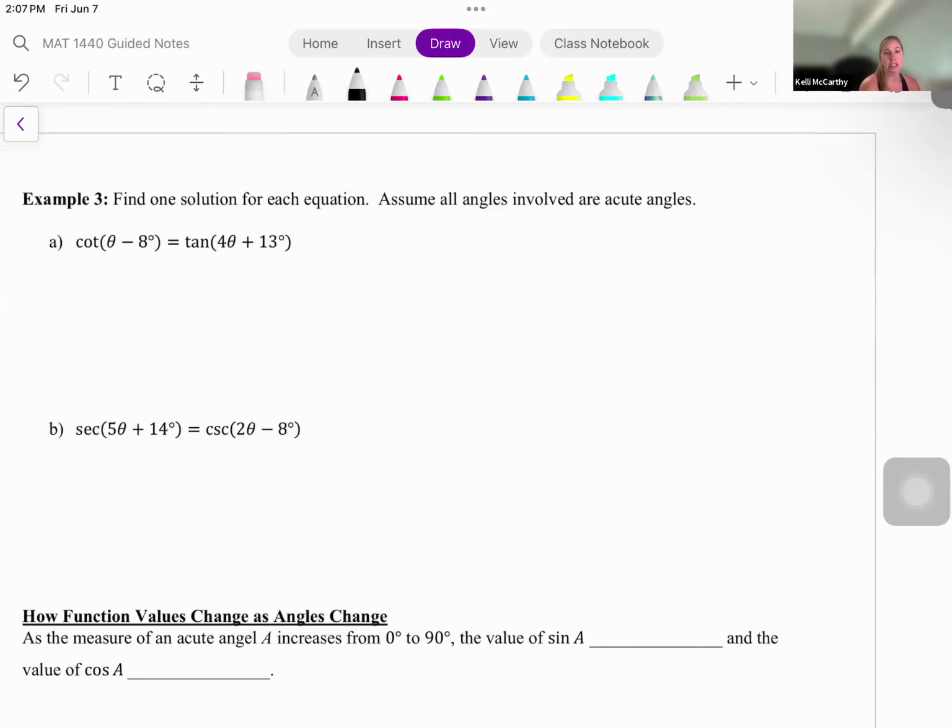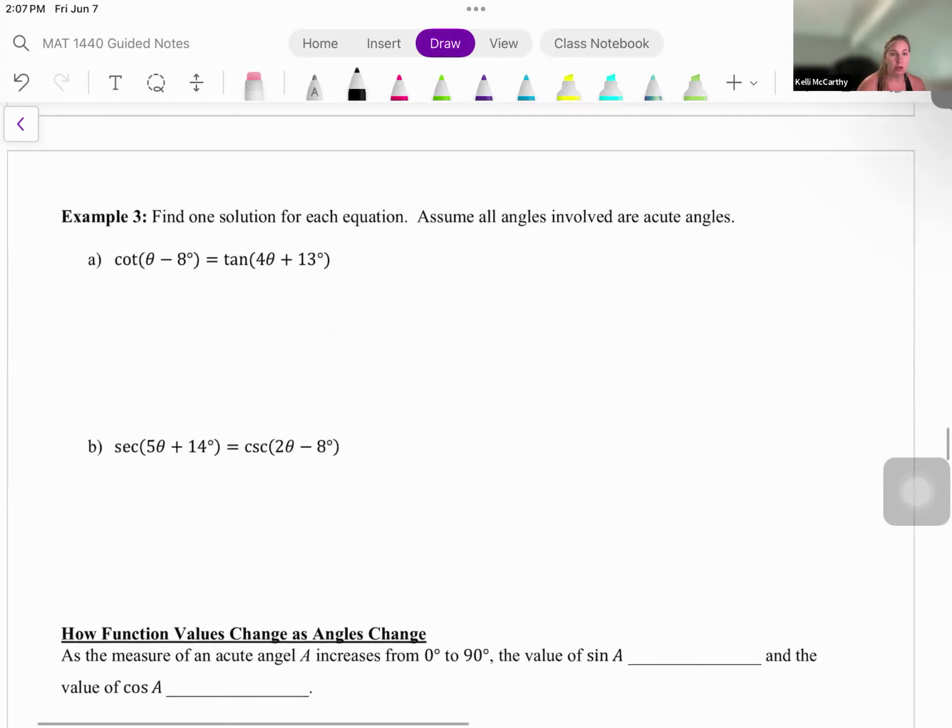Find one solution for each equation. Assume all angles involved are acute angles. Cotangent of theta minus 8 degrees is equal to tangent of 4 theta plus 13. Remember that cotangent and tangent are cofunctions, so that means these two angles must be complementary. In this example, we're seeing theta used more traditionally like that variable x in an algebraic equation.